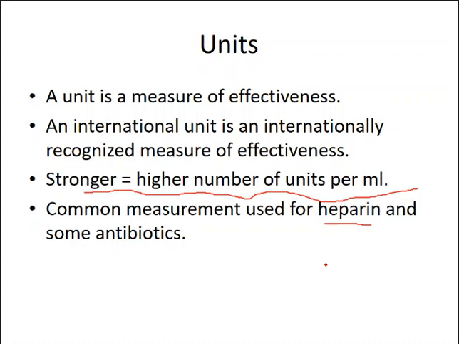And so we have to keep up with that carefully. Some of our antibiotics are also mixed or measured in units. We will also see the international units I didn't mention up here, but that's more seen with vitamins, measured in international units.